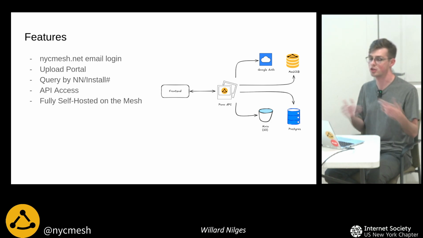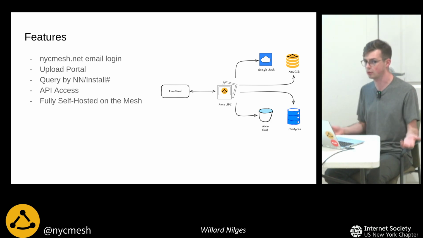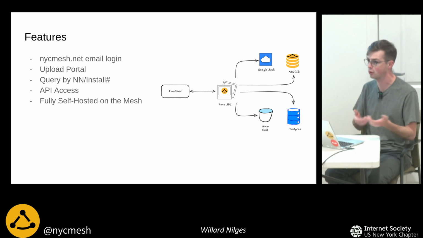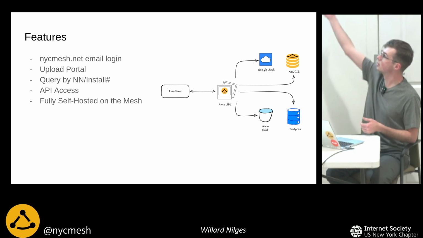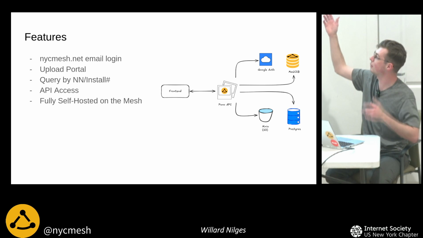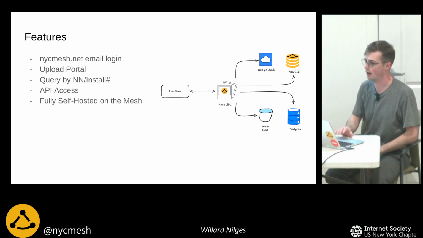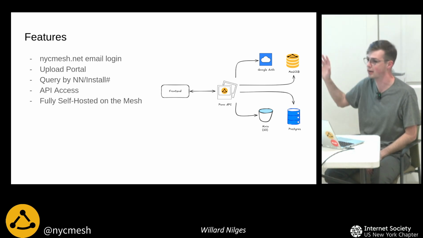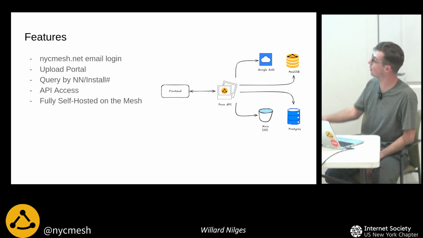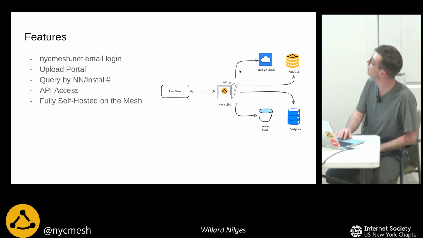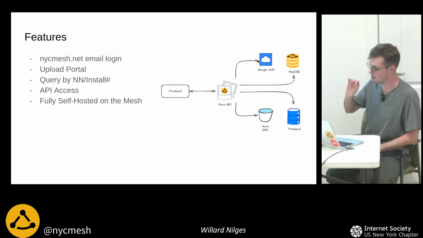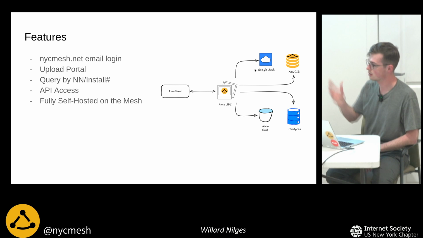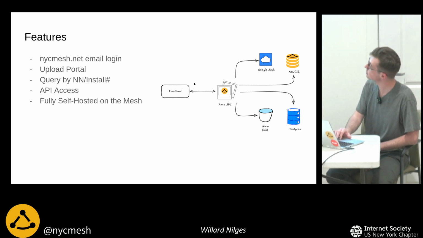If you have an NYC Mesh email, you're probably somebody who comes around a lot and has business uploading data to our systems. So Google Auth, it's great. It was super easy to set up, and we don't have to think about it. It's very secure because it's Google and not our self-hosted, whatever. Auth is one of those things that's very difficult to get right, so it's awesome to be able to just pass that along.